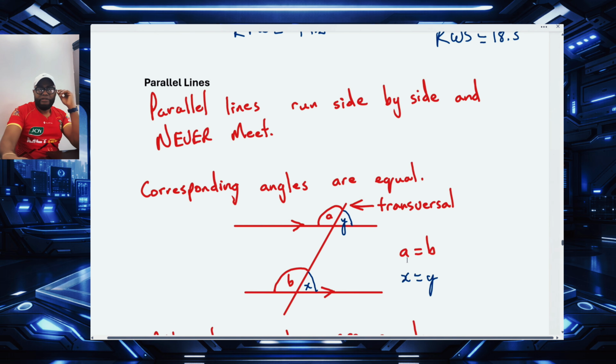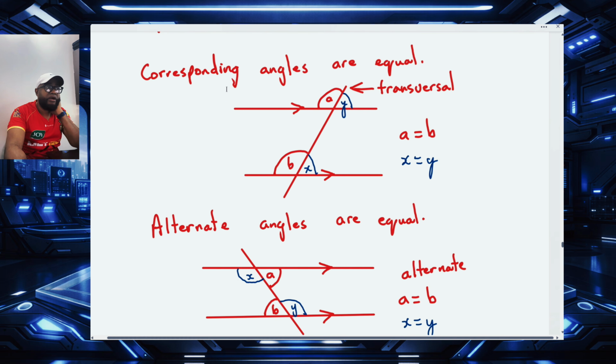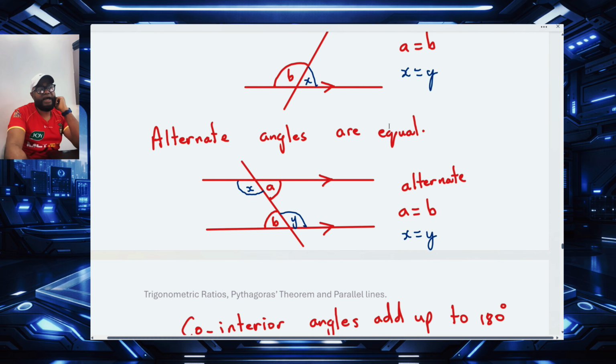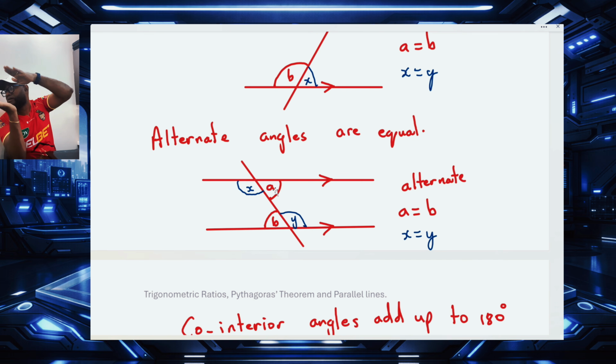All right, on pause. So we're going to look at parallel lines now. Parallel lines run side by side and never meet. Corresponding angles are equal. Once you have a pair of parallel lines, angles in the same position on both lines are equal. Alternate angles are equal, and alternate angles will always be inside the pair of parallel lines.